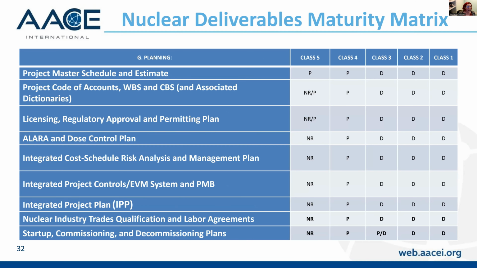So when we talk about planning, you'll see some things that are similar, such as our project master schedule and estimate, the code of accounts, etc. But then you'll also see some new things like the permitting plan, licensing and regulatory, the ALARA and dose control plan. All of these have been tailored to project deliverables and project phase gate planning that was identified from various different companies across the globe.